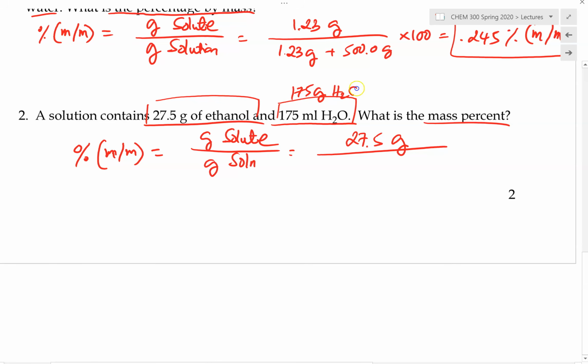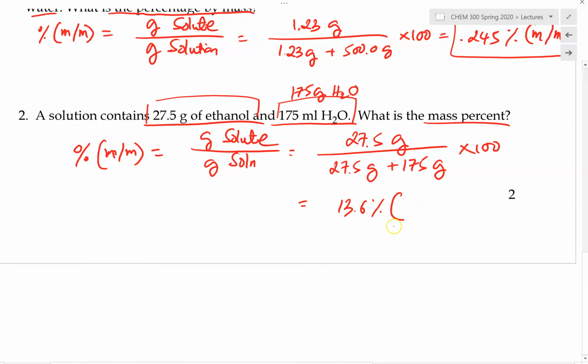So by combining the ethanol, which is 27.5 grams, and the water, in this case the solvent, 175 grams, multiplied by 100, this would then become 13.6%.